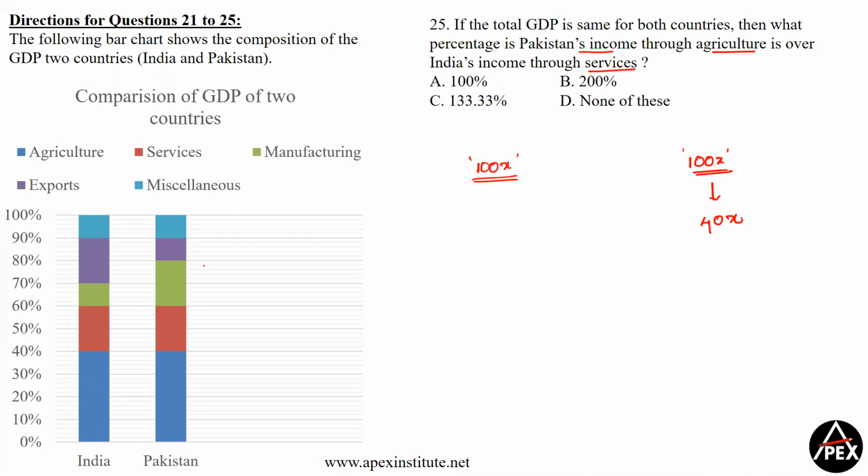So what is India's income through services? 20x. So what was asked in the question? By what percentage is 40x more than 20x? Isn't it? So to answer this question, 40x minus 20x by 20x into 100.